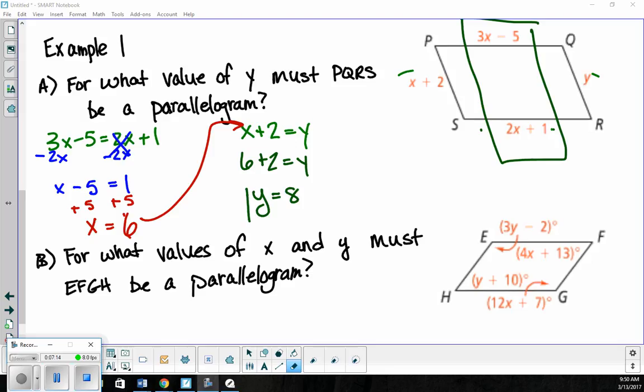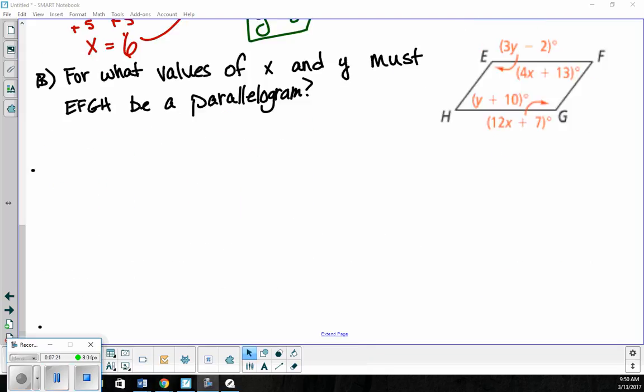Now the next one gets a little bit more interesting. So in part B, we are given angle measures. Again, to show that it would be a parallelogram, the opposite angles would have to be congruent, right?